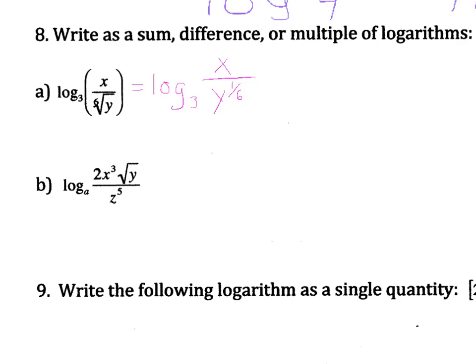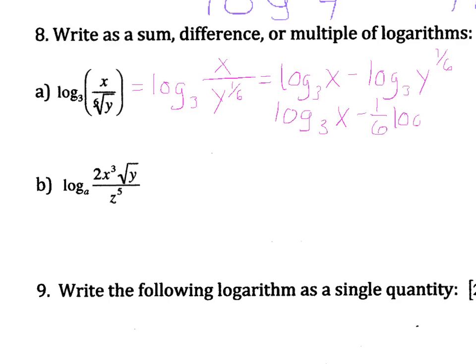And we see that this is a logarithm of two terms that are being divided, and we can separate that using subtraction. So we have log base 3 of x minus log base 3 of y to the 1/6. And then the last step is we can take any exponents and move them to the front. So we'll want to move that 1/6 to the front. So we have log base 3 of x minus 1/6 log base 3 of y.